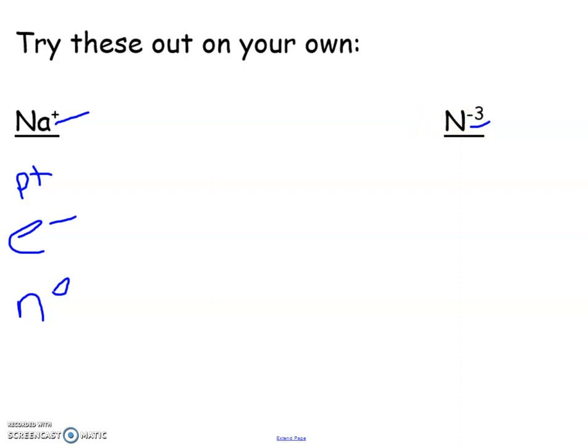Notice how it says Na and then the positive charge. That means your Na has a charge of +1. It's also showing nitrogen with a -3. That's the charge on the ion. So try writing the proton, electron, and neutron number for a sodium ion and a nitrogen ion.